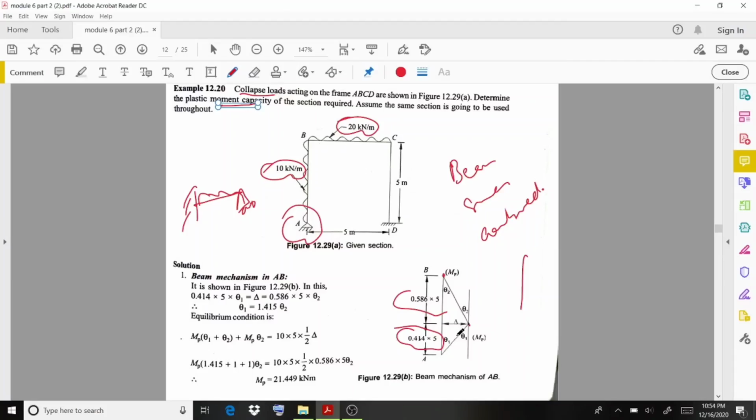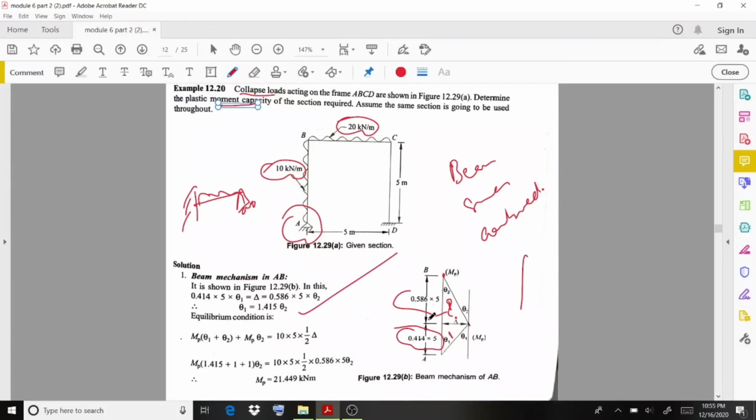Then you can mark down these theta 1 and theta 2 rotations. If you consider these triangles, you can equate in this way: 0.414 L theta 1 equals delta, which is equal to 0.586 L theta 2. You are taking both triangles and relating these delta values, and finally you get theta 1 equals 1.415 theta 2.